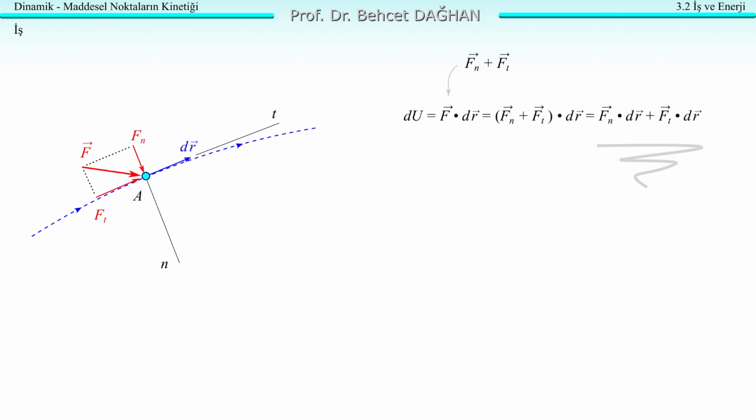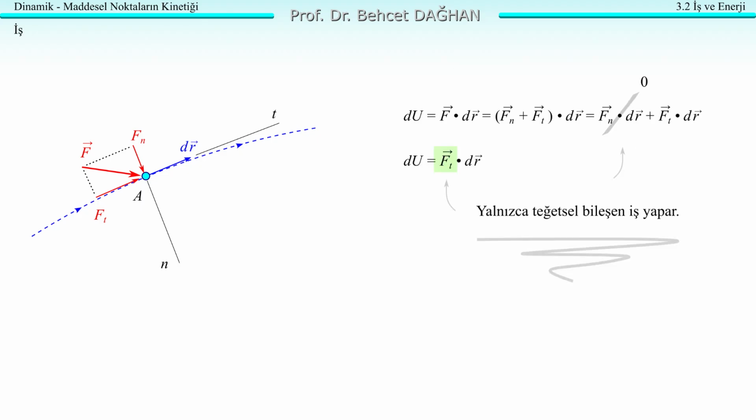We know that the dot product of perpendicular vectors is 0. Therefore, the dot product of Fn and dr is 0. The work done by the normal component is 0. We always say this. So, only Ft times dr remains. We have proven once again what we said before.